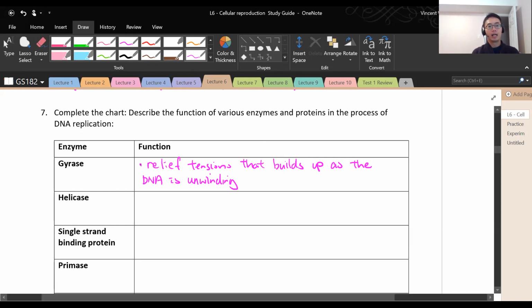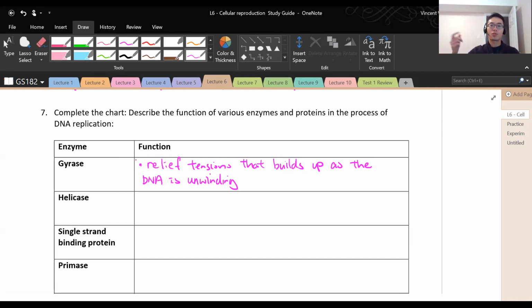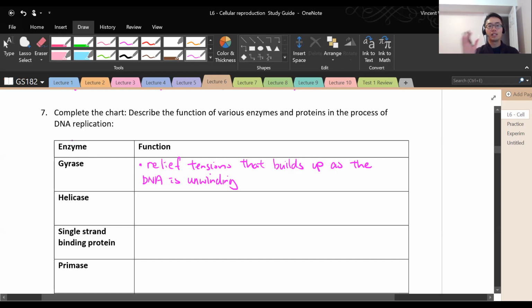Think of a guitar string. If you tighten it too much, eventually it's going to snap, right? So this is similar to that. The function of gyrase is to relieve the tension as the DNA is being unwound, and it prevents it from breaking.